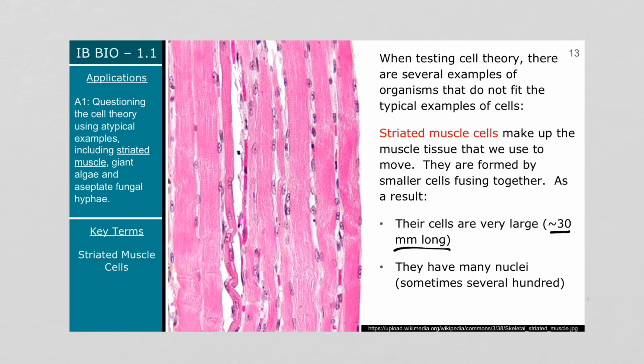And they have multiple nuclei, sometimes as many as several hundred, before you have your typical outer cell membrane splitting them apart. So this extreme length and also the multiple nuclei make striated muscle cells an exception to what you would commonly think of as a cell according to the cell theory.